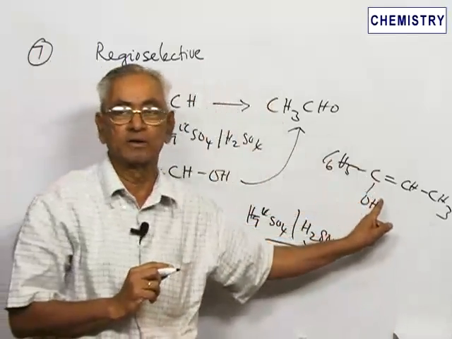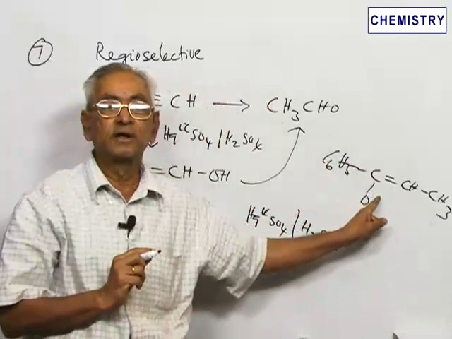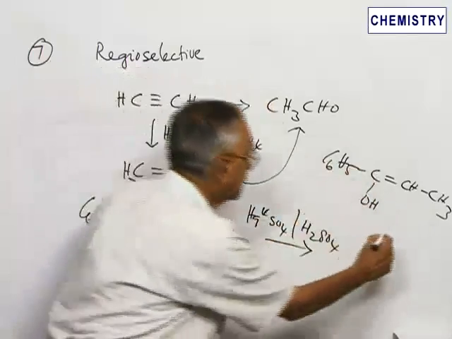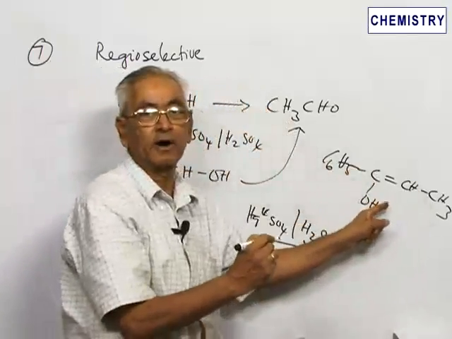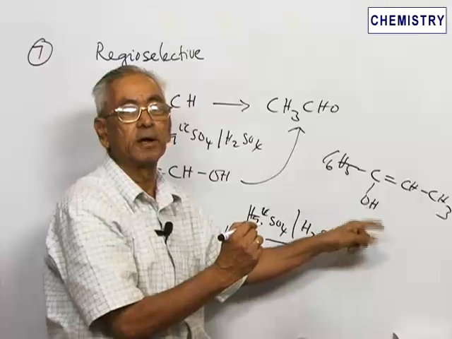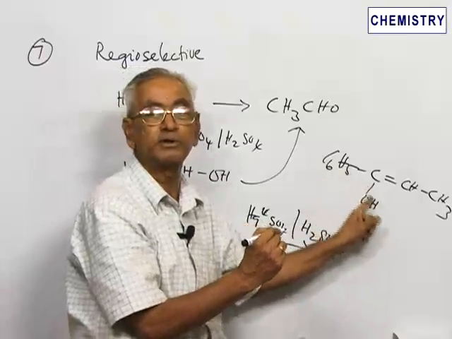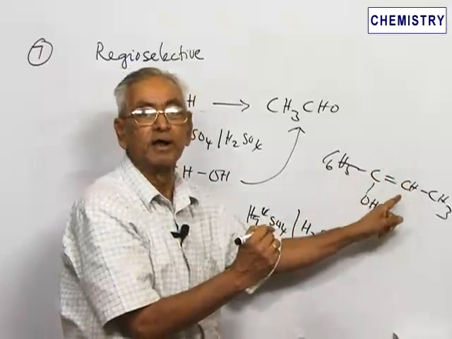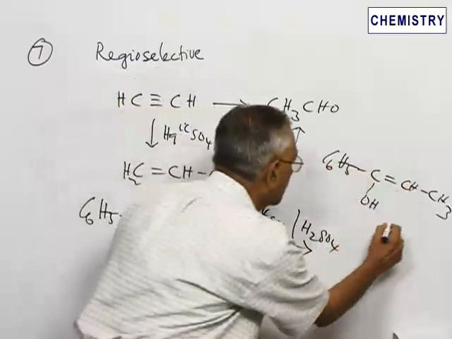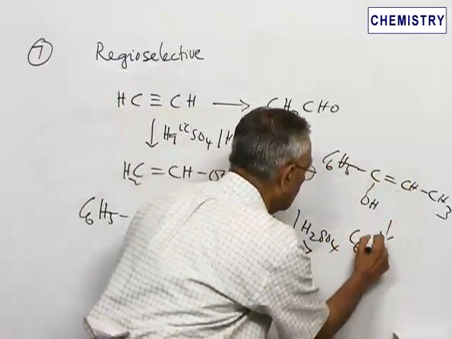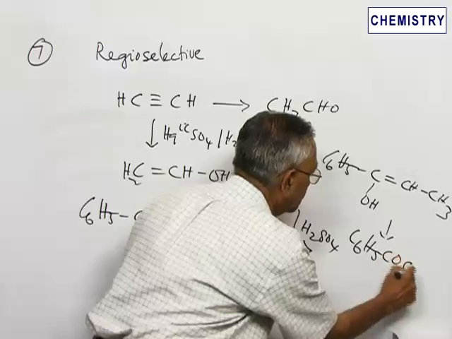which is an enol. This enol will undergo tautomerization. Tautomerism is a process by means of which a proton shifts over from one position to another, a 1,3 prototropic shift. Therefore, this will rearrange to a ketone, which will be this product.